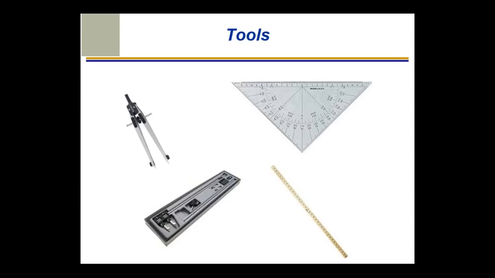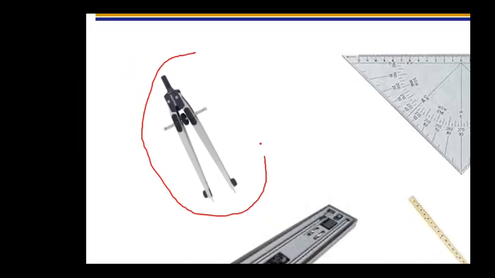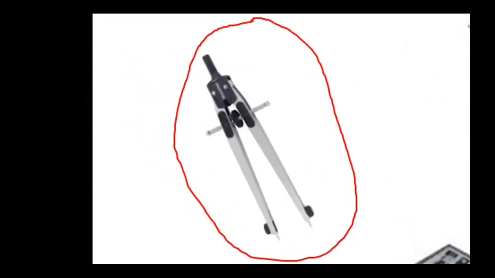The last thing to talk about are the tools that you'll be using in this course. Every tool is designed to be used for a specific task. If you use the right tool for the right job, it's going to allow you to be more accurate. First, we'll look at our dividers. Dividers are meant to measure latitude and longitude and can also measure distances.